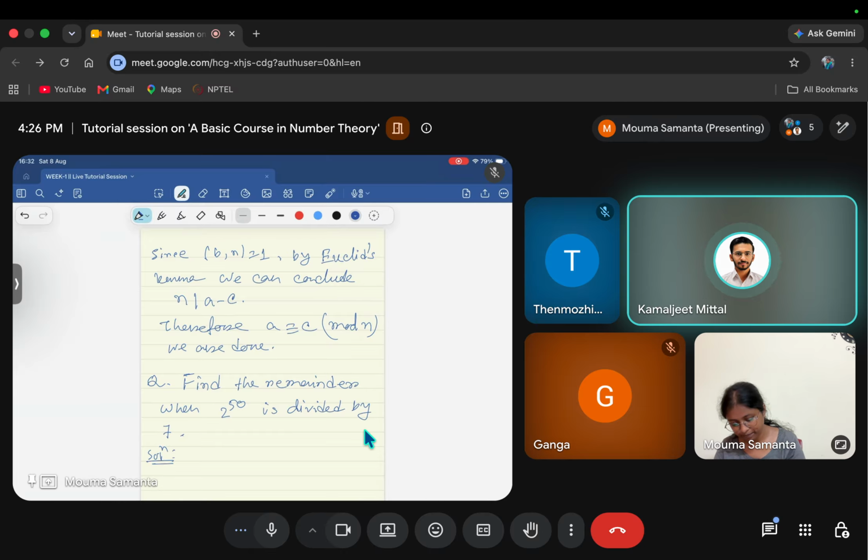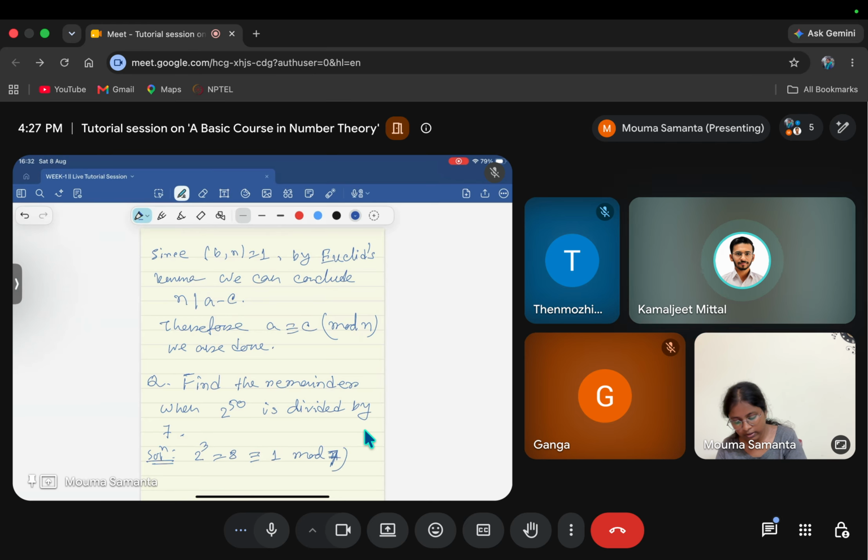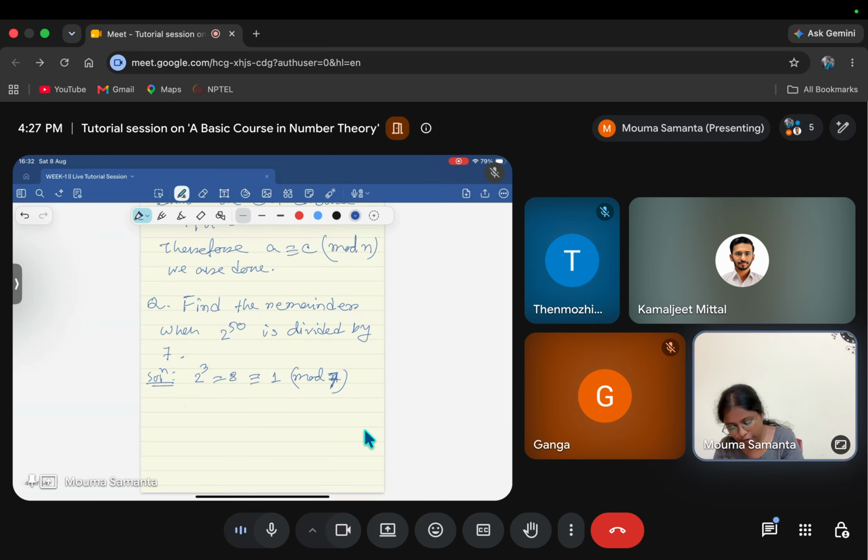Firstly we take 2 raised to power 3, which is 8, and this is congruent to 1 mod 7. Then take power 16: (2 power 3) whole power 16 will be congruent to 1 power 16 mod 7.